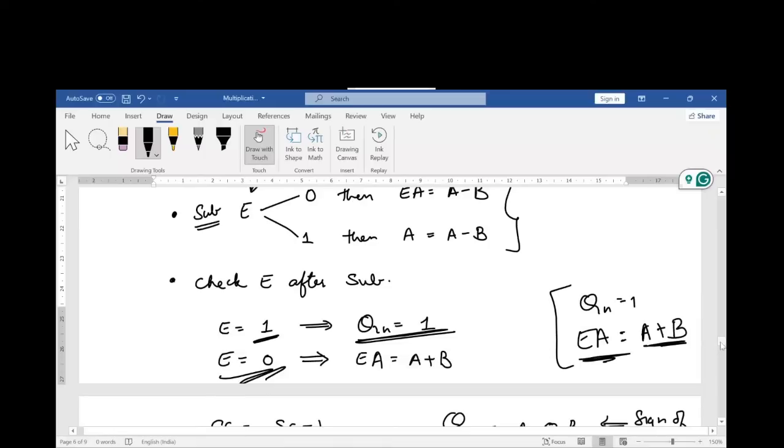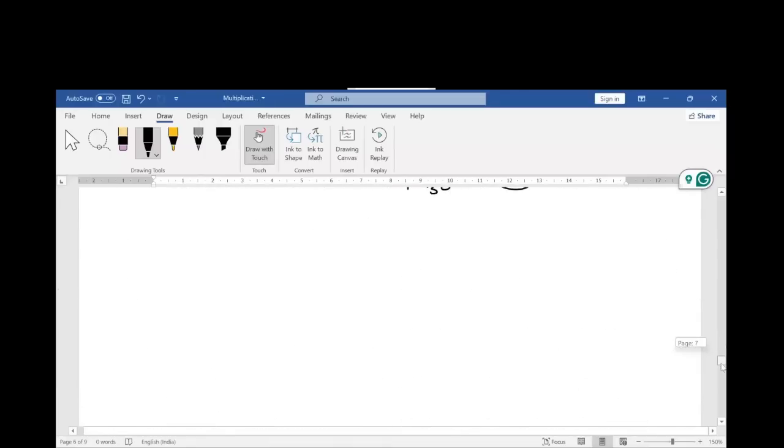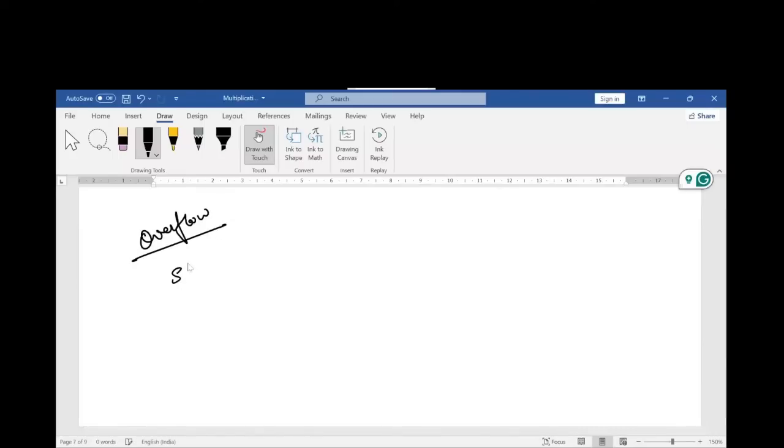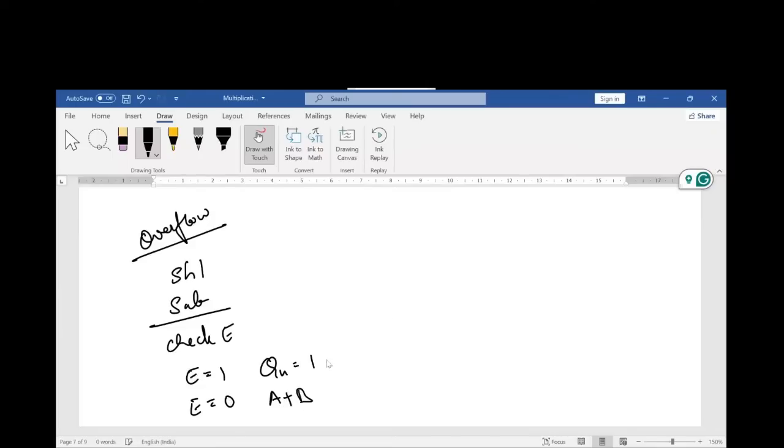The algorithm is very simple. The steps are: check for overflow, then perform shift left, then perform subtraction, check E. If E is 1, set Qn to 1. If E is 0, do A plus B. This is your algorithm in brief.